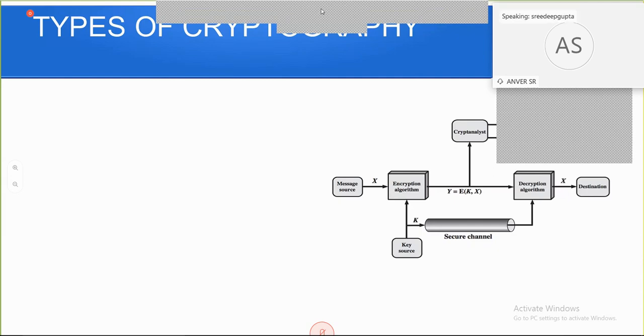Okay, sir. Are you able to see the sharing? No, I didn't get it. Yeah, I think your network is slow there. One minute.